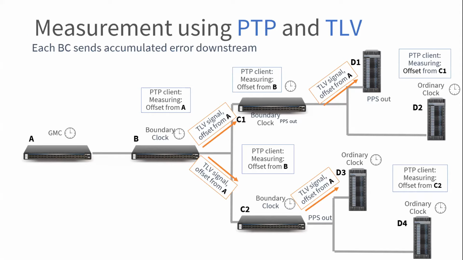The simple solution from our point of view would be to propagate the information, because when boundary clock B measures the distance from its own master A, this information exists here. Now we need to propagate it downstream in the clock tree.